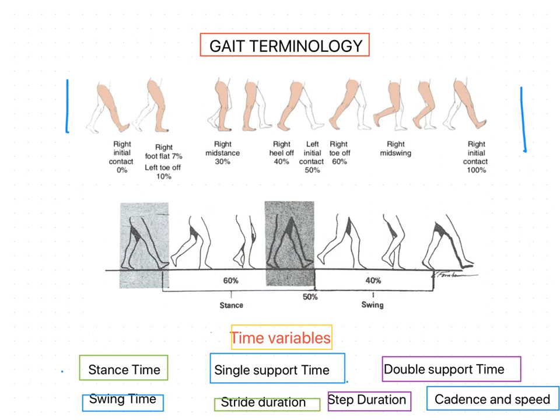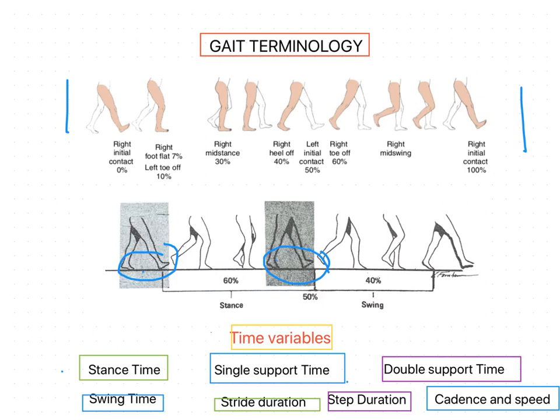If you take double support time, it is the amount of time that a person spends with both feet on the ground during one gait cycle. Normally the percentage of time spent in double support may be increased in the elderly and in those with balance disorders.